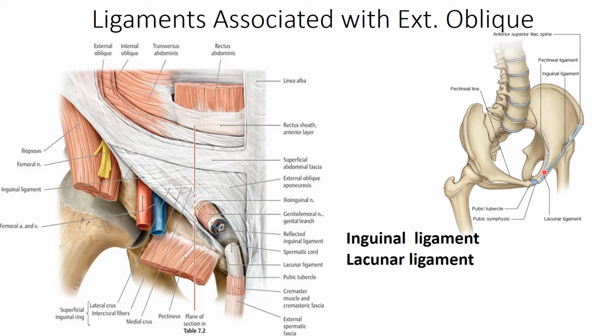So this lacunar ligament complex comprises of two things. One is the lacunar ligament and second is the pectineal ligament.